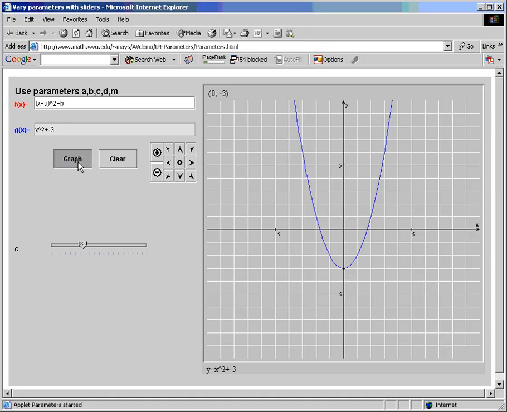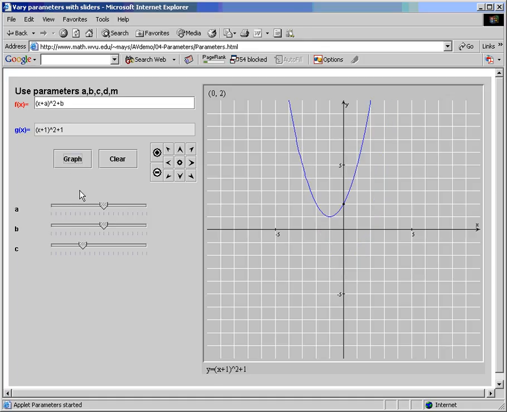And when I graph that, I got c still there, but it doesn't matter. C doesn't affect what this graph looks like, since c is not one of the parameters listed. But when we change b, we can move it up and down. That's the vertical shift. When we change a, we can move it left and right, and we can put in a combination of the effect of those parameters.